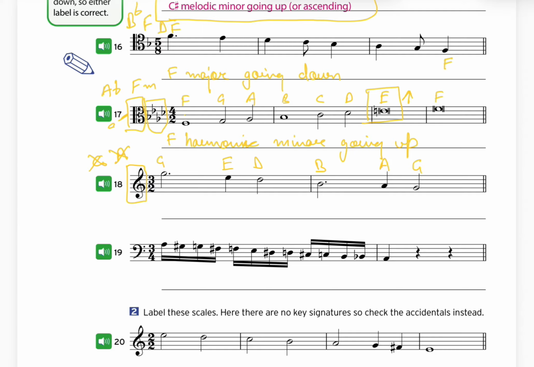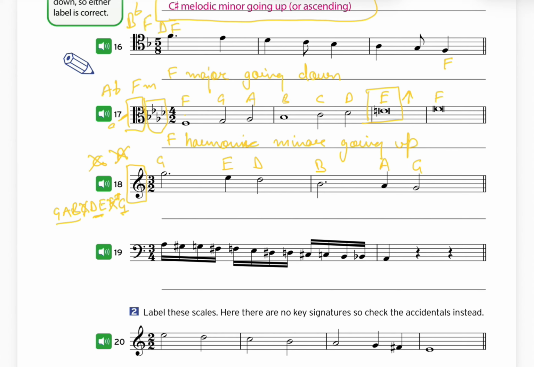The notes over there we need are G, A, B, C, D, E, F sharp and G. But we have only the first three notes and these two and the last one. That means we don't have the fourth degree and the seventh degree. That means this is a pentatonic major scale.